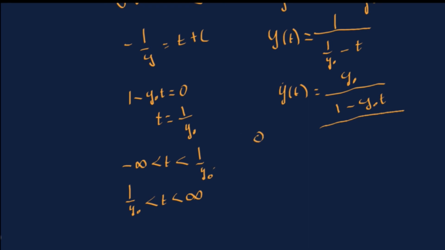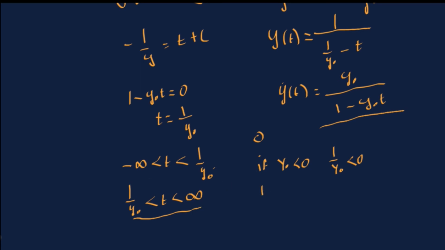And as you can see, that would depend on what the value of y naught is, because if y naught is a negative number, then that means 1 over y naught is also a negative number. So in that case, the interval that would contain 0 would be the second interval, so that would be our interval of validity.